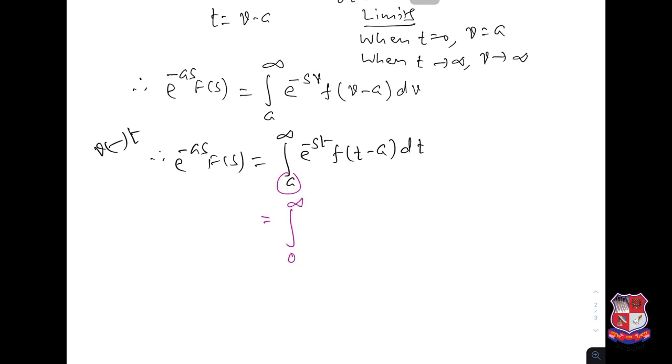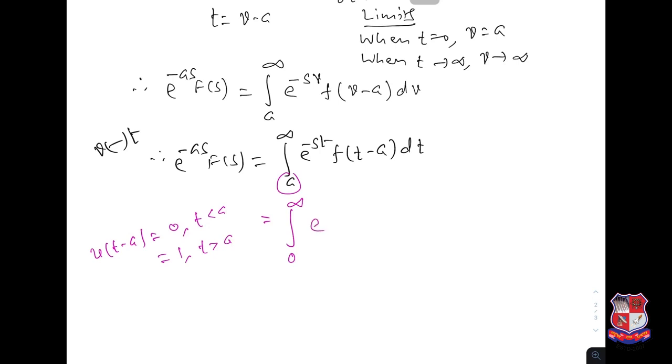but then we know in 0 to a, u of t minus a is 0 when t is less than a, and when t is greater than a, then we have 1. So now I write 0 to infinity, but in 0 to a that value is 0.